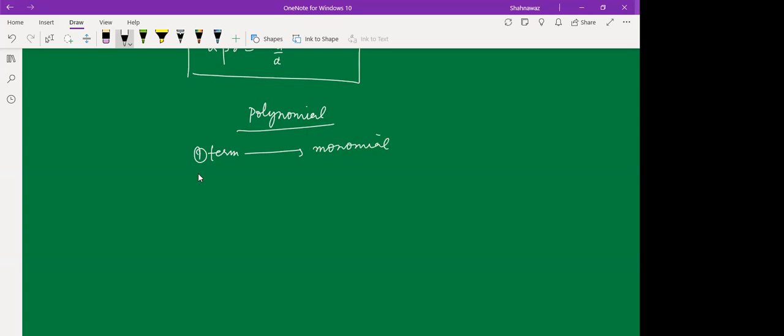And if we have two terms, this is called a binomial, and if we have three terms, this is called a trinomial, and so on. So this is based on the number of terms.